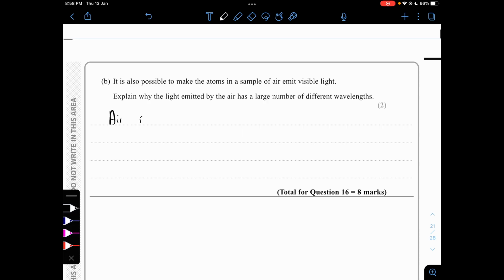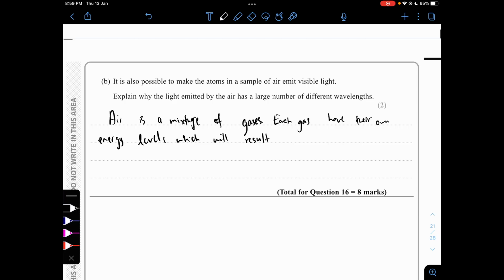Air is a mixture of gases, and each gas has their own different energy levels, which results in a large number of different wavelengths.